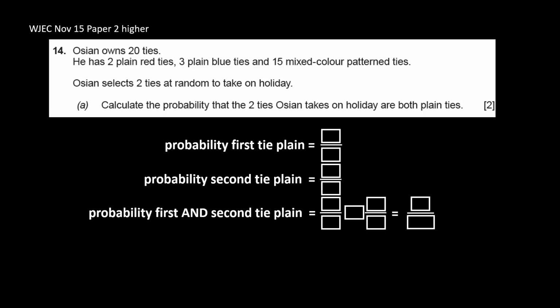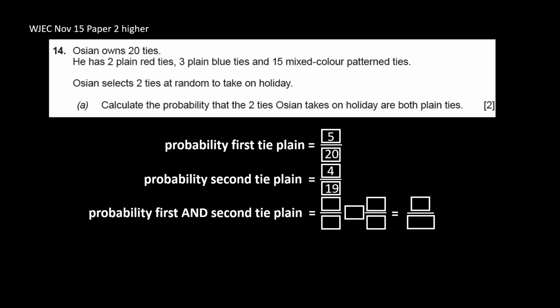Okay, now the probability that the first tie is plain, well how many plain ties are there? It's 2 red, 3 blue, so that's 5 out of 20. Now if he takes 1 tie out, how many has he got left? That's right, 19. But he's taken out 1 plain one, so for the second tie being plain, there are only 4 out of 19. 4 plain ties left.